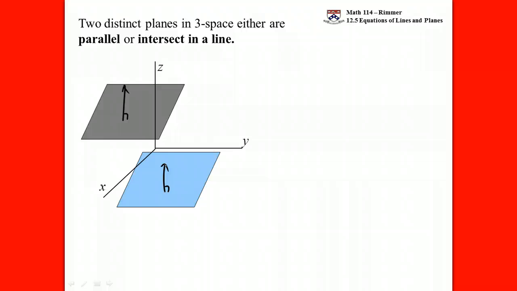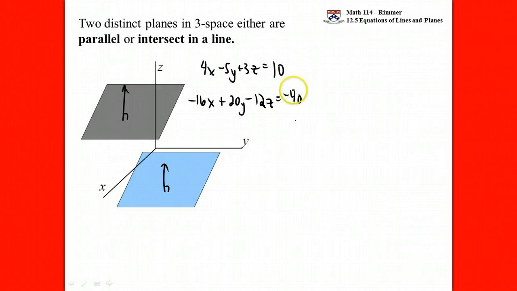Here's an example of parallel planes. 4x minus 5y plus 3z equals 10, and negative 16x plus 20y minus 12z equals negative 40. Oh, sorry, not that, something other than that, equals 15. Sorry, that would be the same plane. What I had at first was the same plane. These are 2 different planes that are parallel.